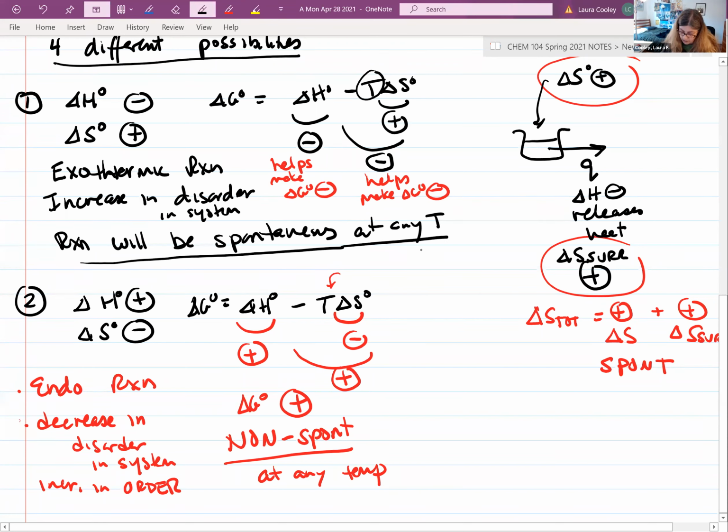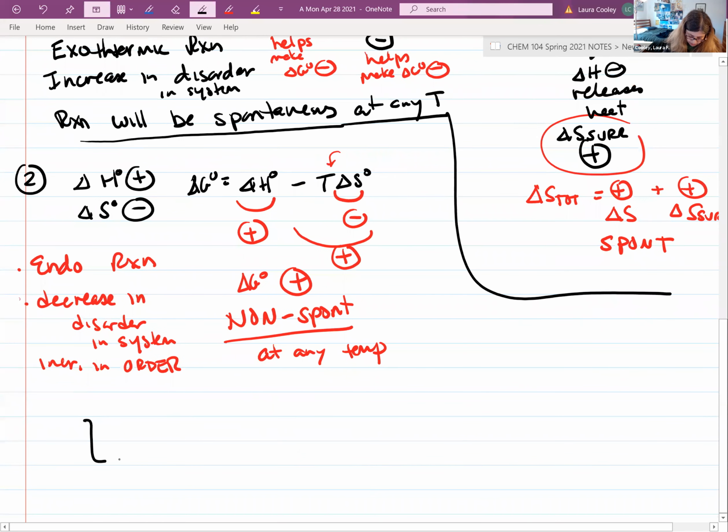And we have a different but similar drawing right here. We can look at it from the point of view of the entropy of the system and surroundings. Here, we have heat going into the system because it's endothermic. What does that make the delta S surroundings?